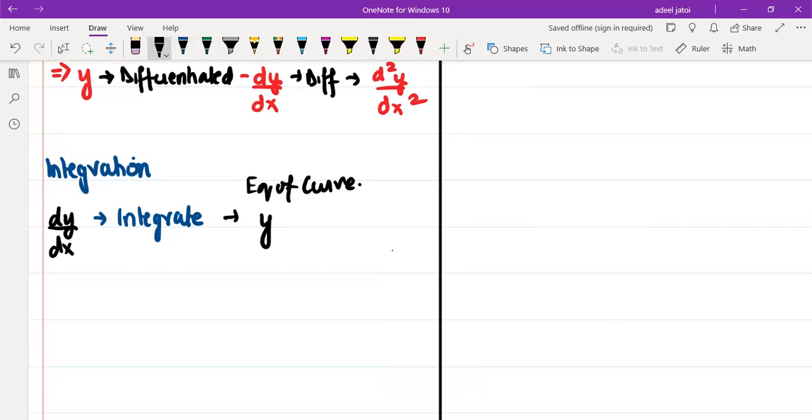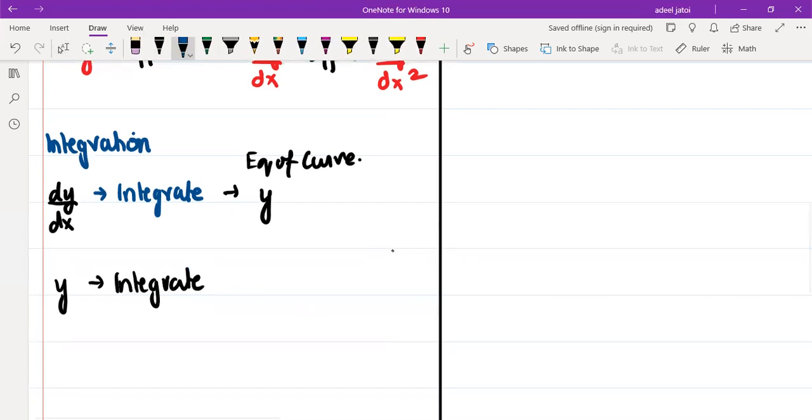When we have y and we integrate y with limits, we get area.